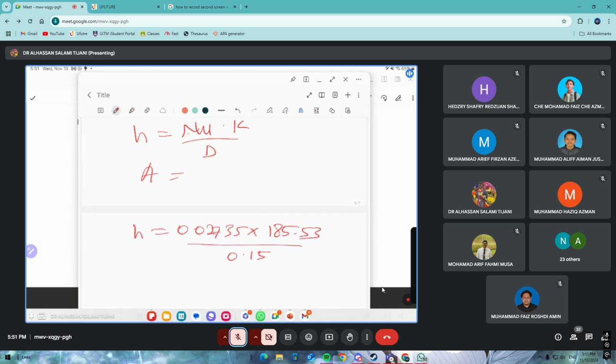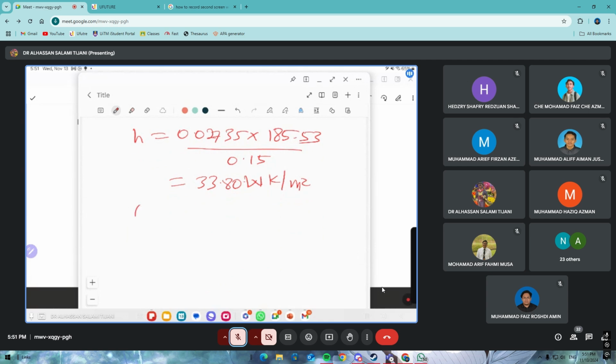Okay, so the diameter is 0.15. This equals 33.80 watts per Kelvin per meter squared.